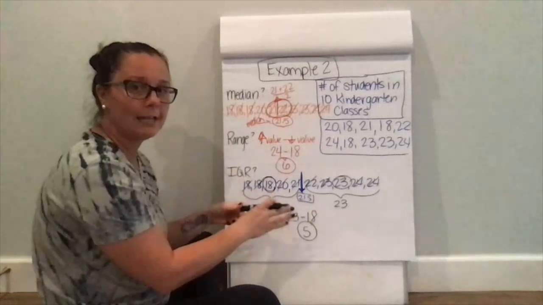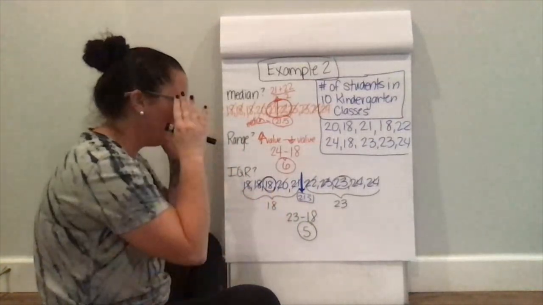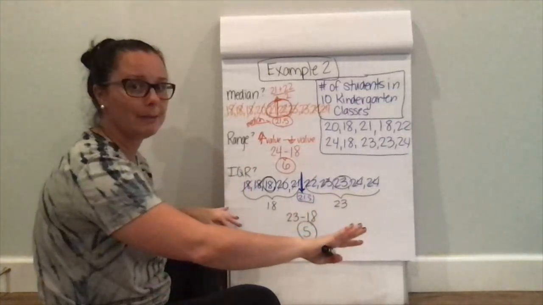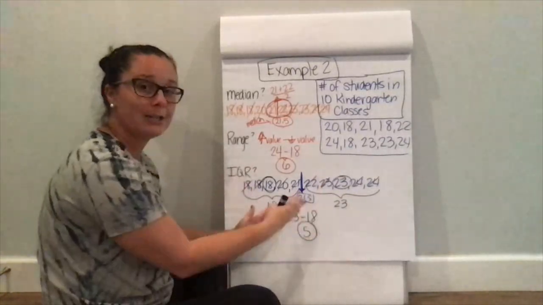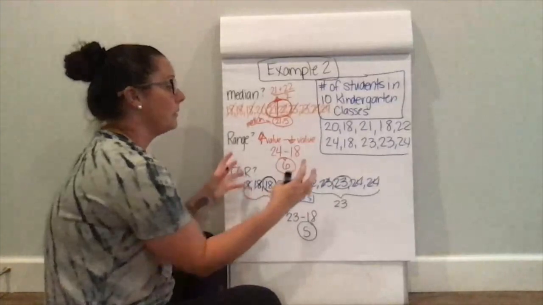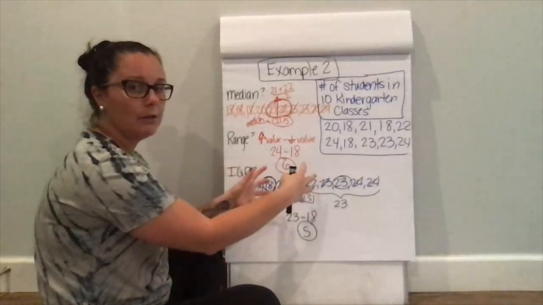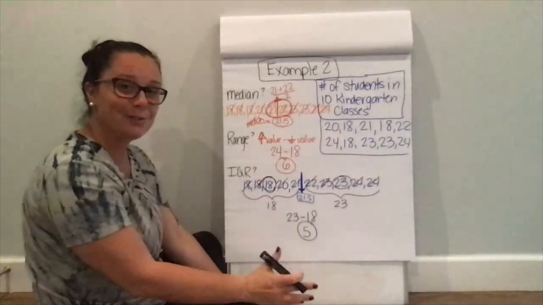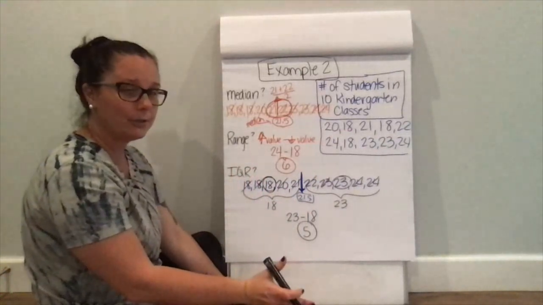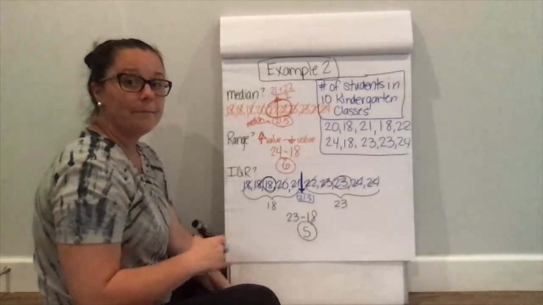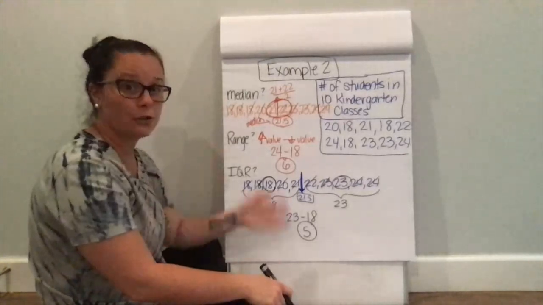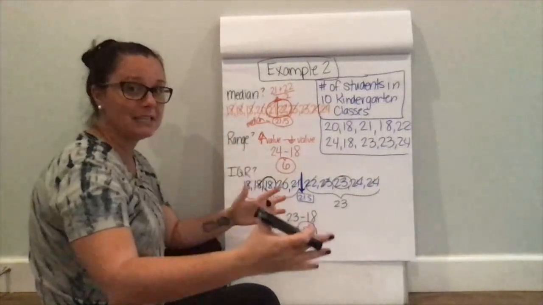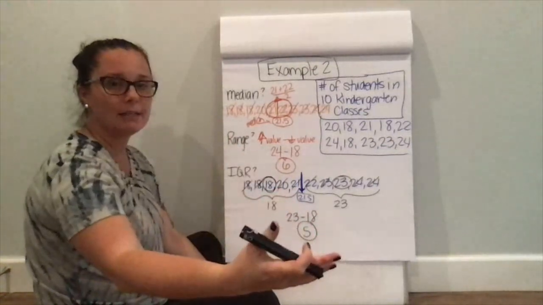Typically, you would use the IQR or the interquartile range when your data really varies and you notice that you have some extreme outliers. The interquartile range is going to give you a better look at the bulk of your data right in the middle, the big chunk. Another brief example, if I have students that take a test or a quiz, and I have one student that just does really poorly, everyone else is in the range of 70 to 90, and then I have a student that gets 100.